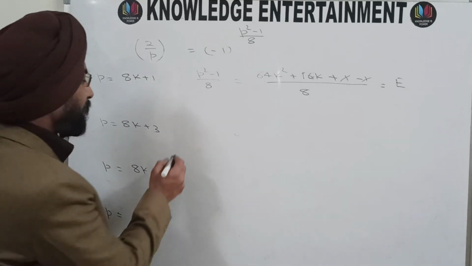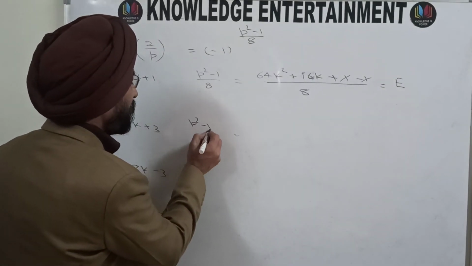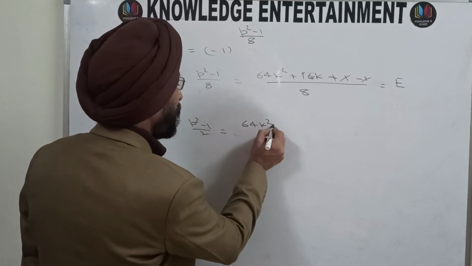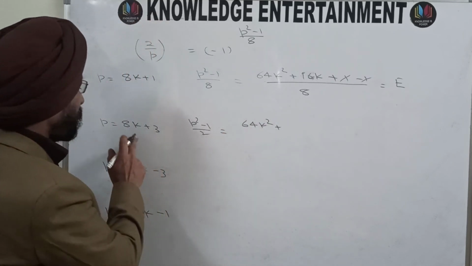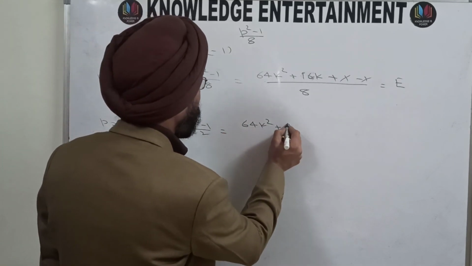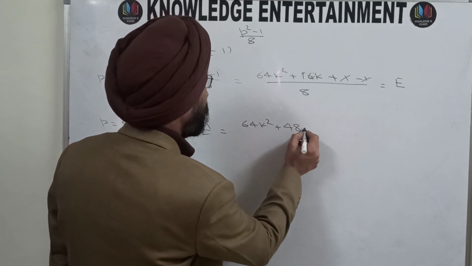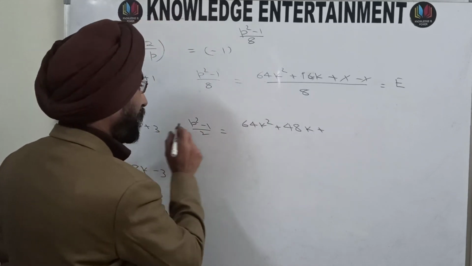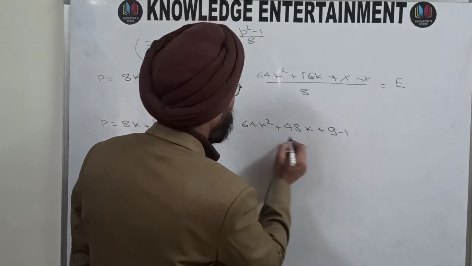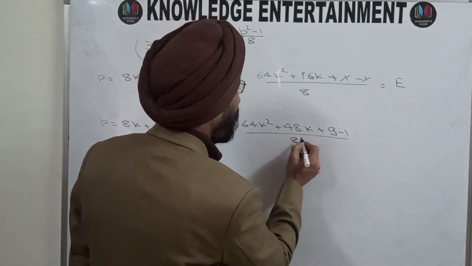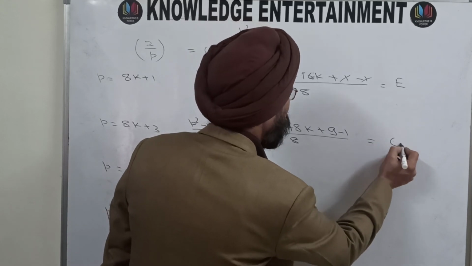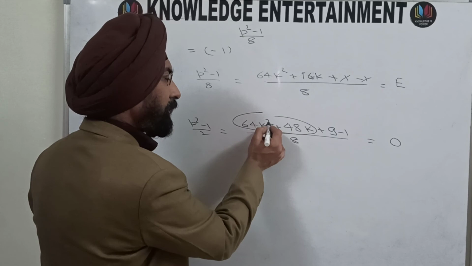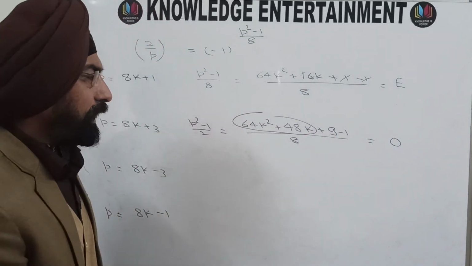For the second case, your (p square minus 1) by 8 will become 64k square plus 48k plus 9 minus 1 upon 8, and it is an odd number because from this portion you will get even, plus 1 additional will give you odd.